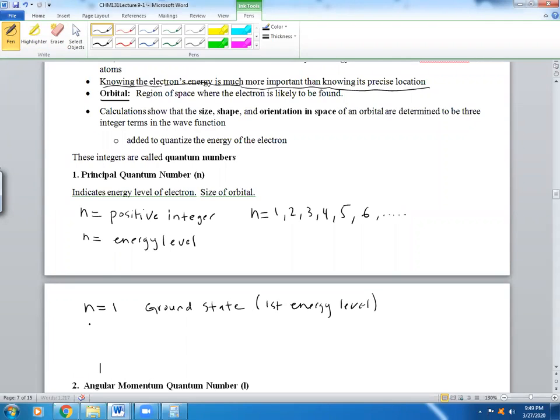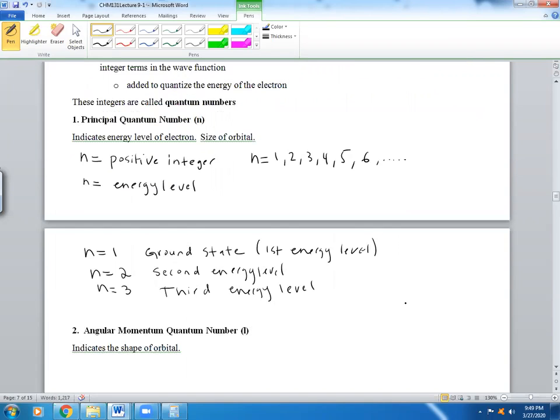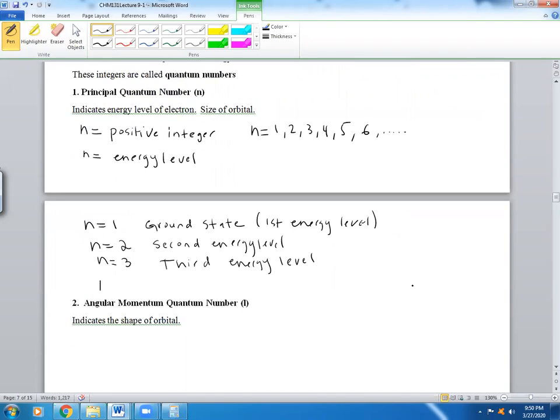If I have n equals 2, this is called the second energy level. What do you think the third is? 3, third energy level, so on and so forth.